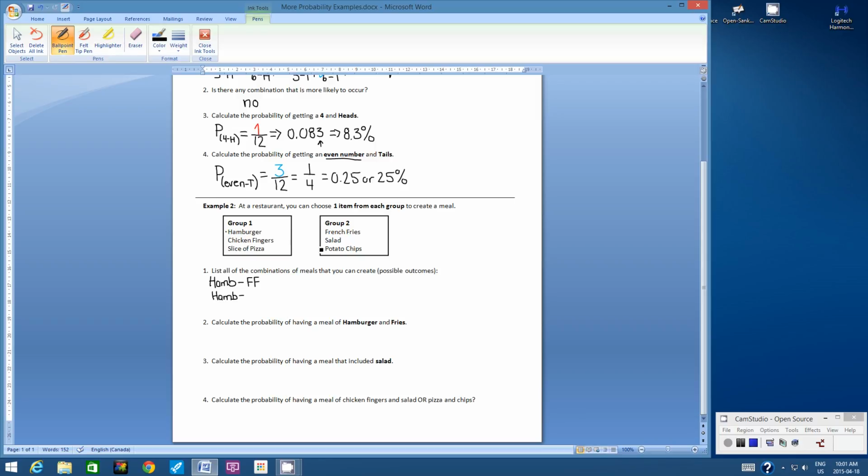And we can have hamburger with salad. And then the last combination involving a hamburger is hamburger and potato chips. All right, so now we've talked about all the examples that would have hamburger in it.